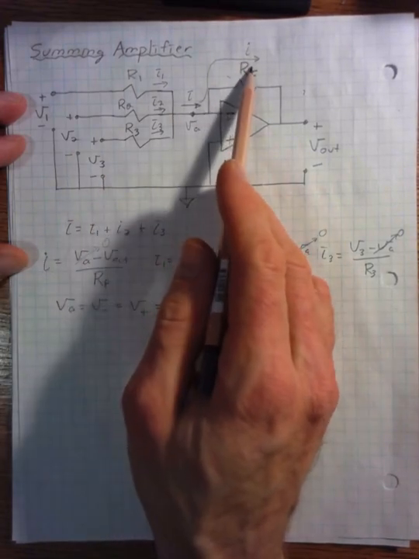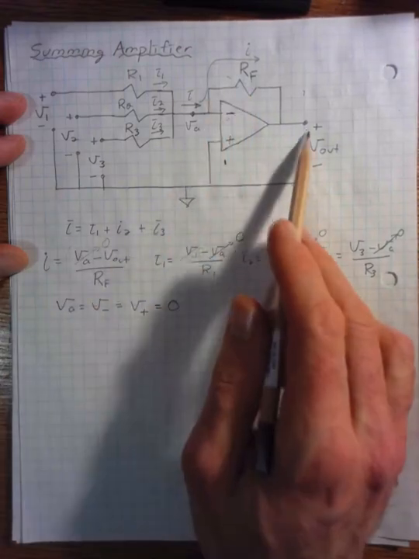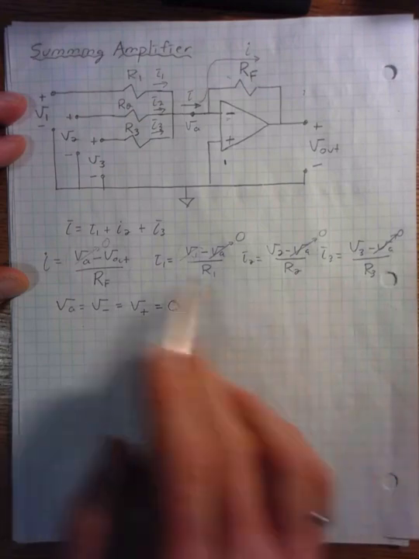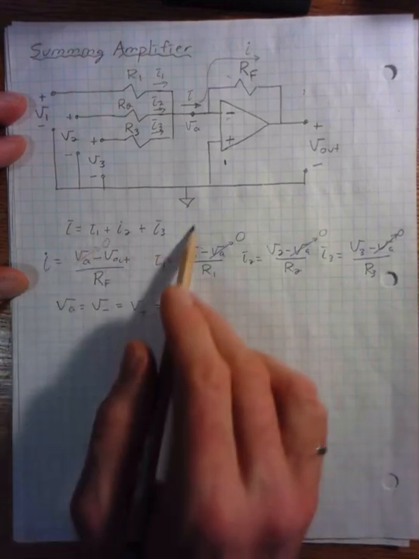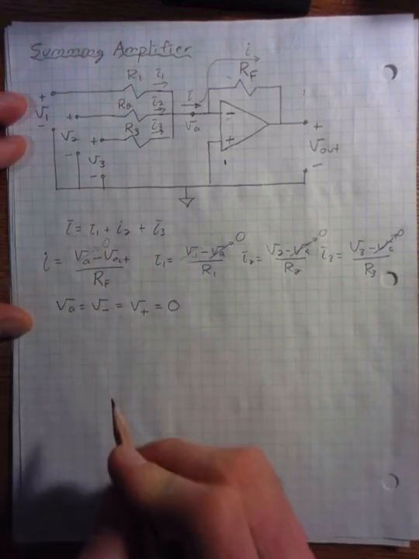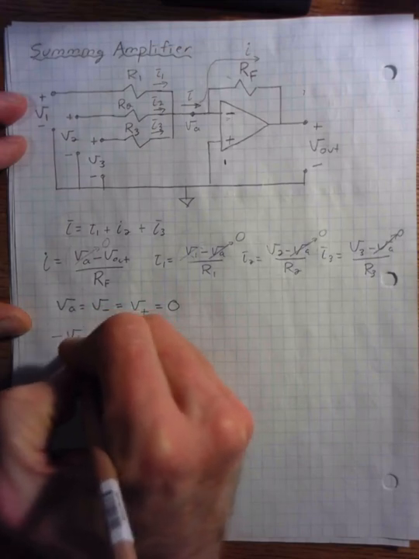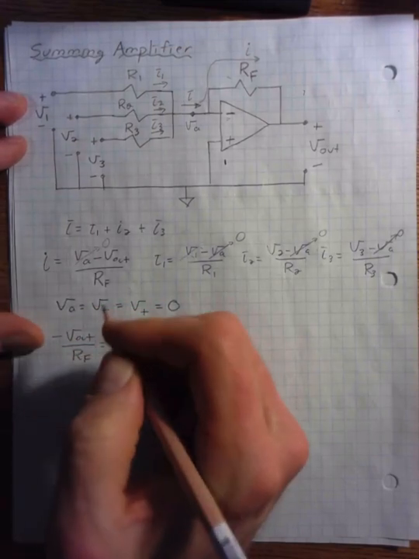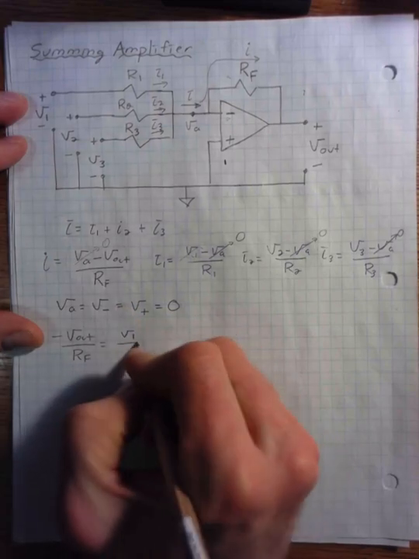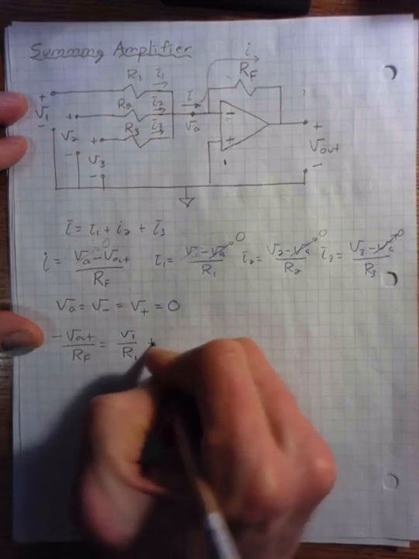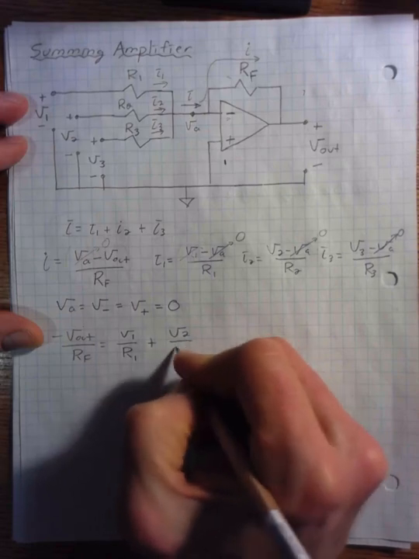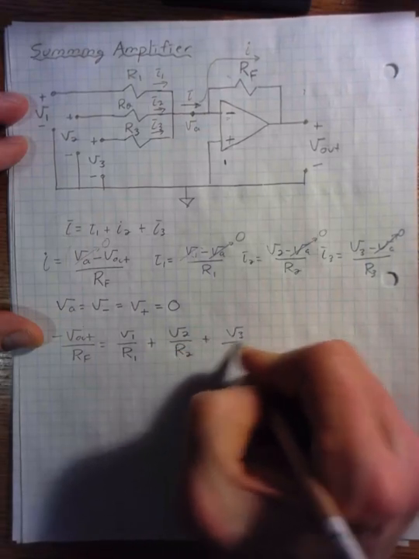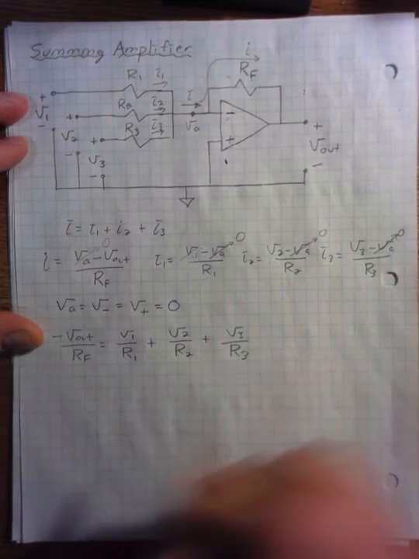And it's the current flowing through RF that basically generates the voltage Vout. So if we remove all these VA terms and substitute it back into our current equation, we get minus Vout over RF is equal to V1 over R1 plus V2 over R2 plus V3 over R3.